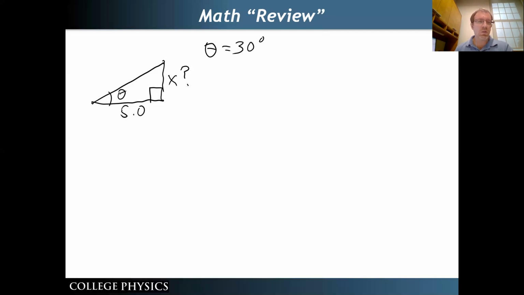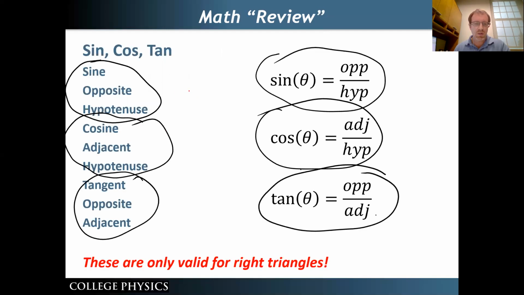Well, we think through what we've got. We've got the angle theta, and the number for the side that is adjacent to theta. What do we want to know? The side that's opposite theta. So if I think back to those formulas, which one applies?